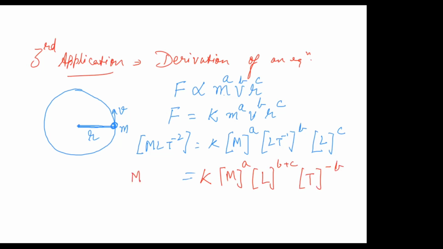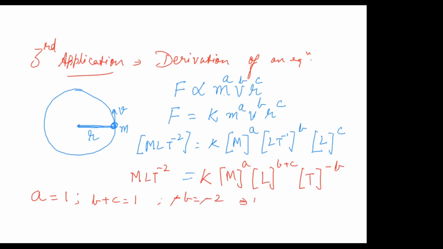Here it is MLT minus 2. On comparison of both sides of the equation, we get a equals 1, b plus c equals 1, and c minus b equals minus 2.